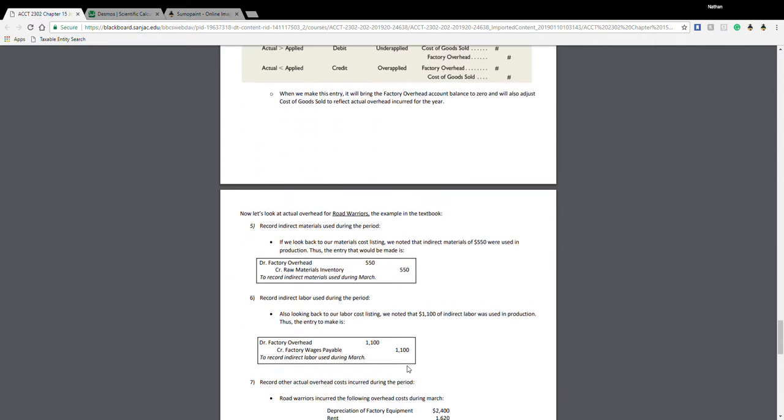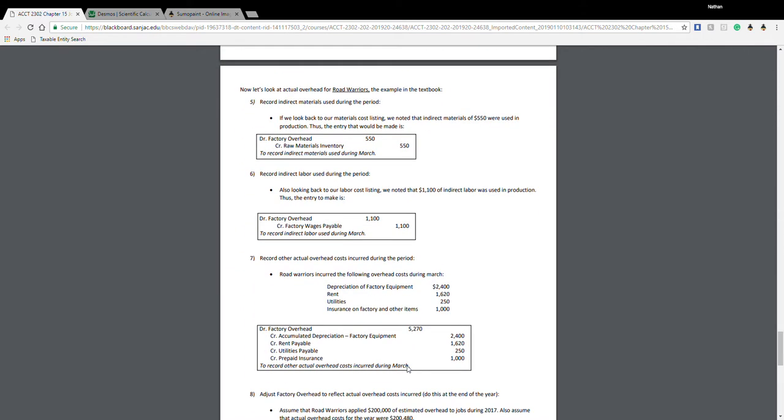Okay. So like I said, here are our examples. Again, related to the Road Warriors, the first one was indirect raw materials, which we already knew was about 550. So we debit factory overhead and we credit raw materials inventory, again, for 550 bucks.